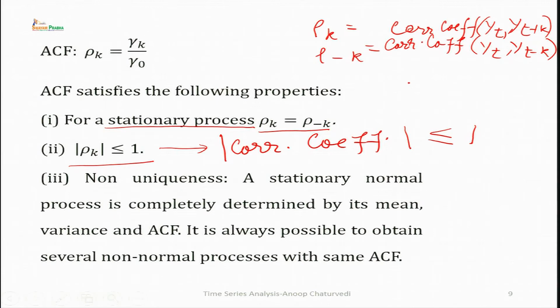Here you have lag k, here you have lag minus k, but this is also equal to the correlation between y t minus k and y t. Now, the lag is k, and since we have assumed that rho k does not depend upon t, this is also equal to rho k.